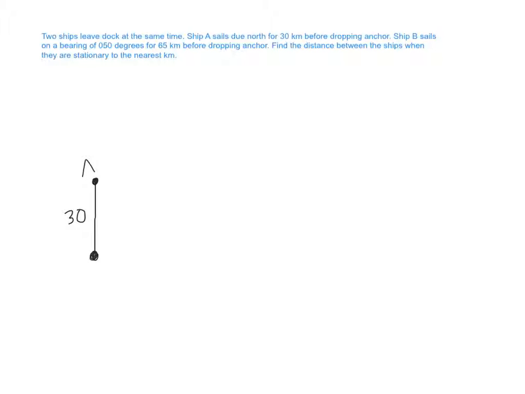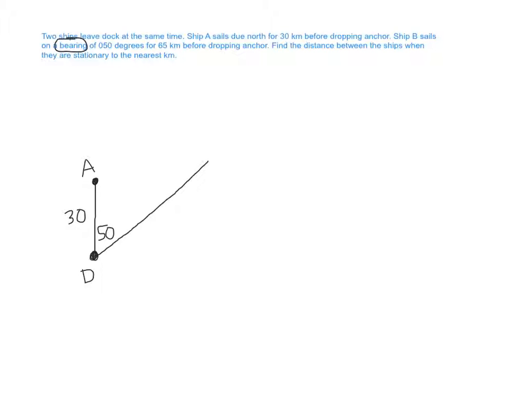We're going to call this A, because that's where ship A is now, anchoring at sea. Ship B sails on a bearing of 050 degrees for 65 kilometers. Again, it's leaving from this dock, call it D. Remember bearings are always measured clockwise from the north, so we have an angle of 50 degrees.